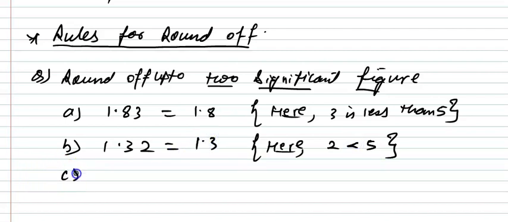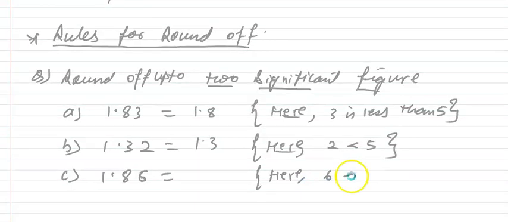Now let us take the number C, where the digit is greater than 5. Let us take the example 1.86. Here 6 is greater than 5.